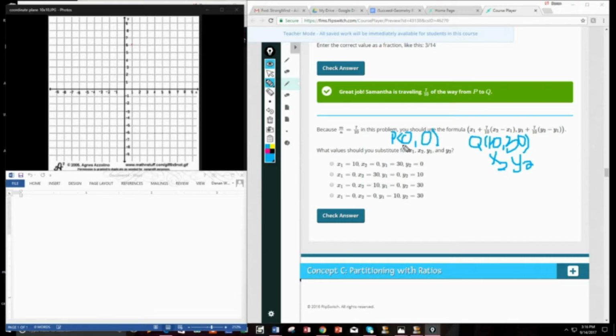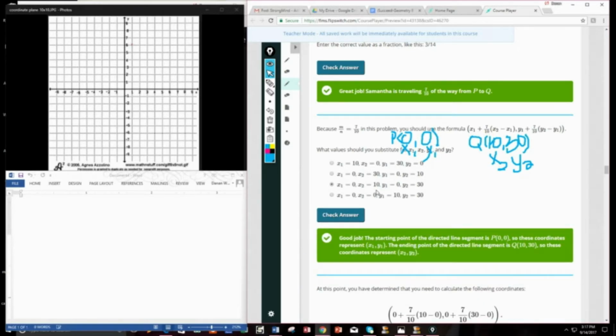P is our starting point, so that's x1, y1. So for x1, I'm just going to look for the ones that are zeros. Then I'm looking for an x2 that has 10, because that is Q's x value, and the only one that has that is this one. y1 is 0, and y2 is 30. Alright, there we go.